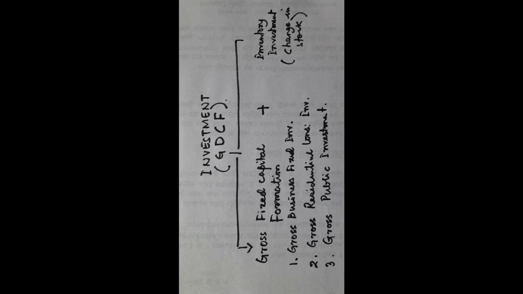Inventory investment is nothing but change in stock. Now gross fixed capital formation can be further broken down into three components: gross business fixed investment, gross residential construction investment, and gross public investment.